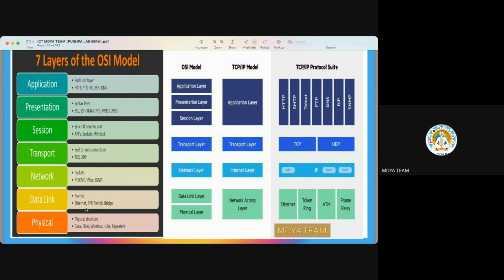What is PPP? They are some data link facility or entity, like a switch. Through a switch you can connect with some devices. Like that, it is Ethernet and PPP also.